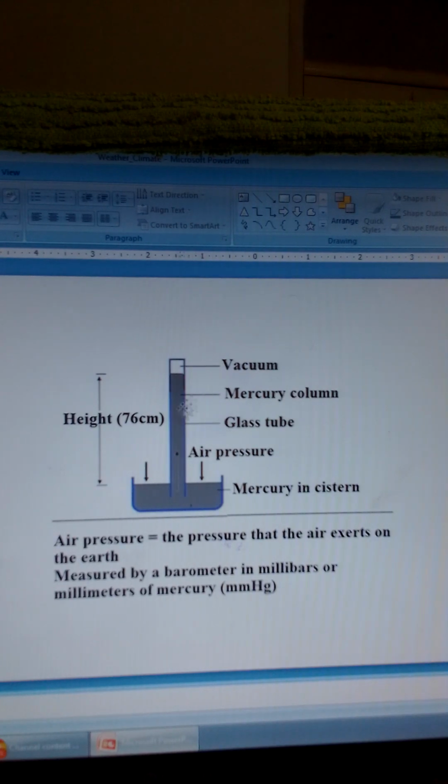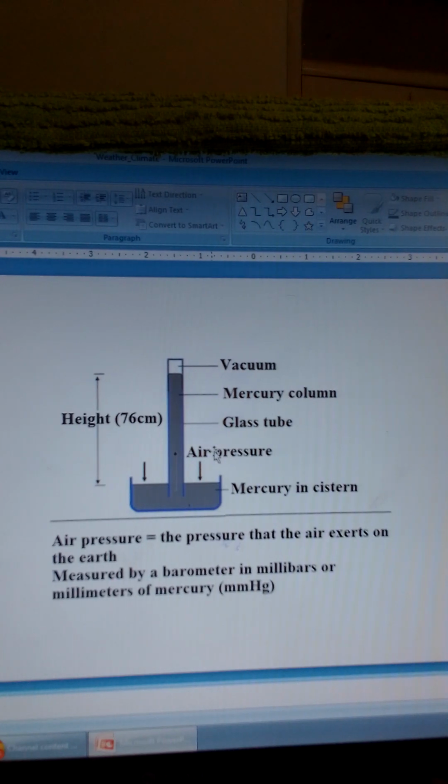A barometer, this is an example of a barometer, which is called a mercury barometer. So this tube has got mercury, and this is what we call a cistern with the mercury as well. So the weight of the air in the atmosphere is exerted on the surface of the mercury.